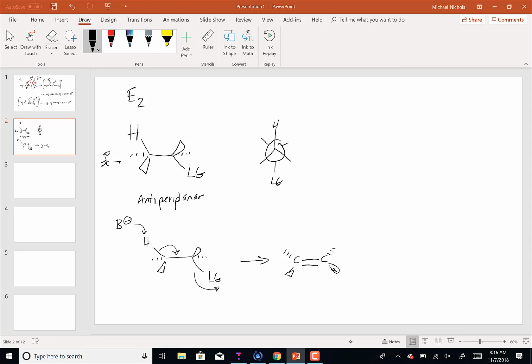We know that what makes up that double bond, the orbital picture, looks like this. Those are sp2 hybridized carbons, and so that's our pi bond. That's the orbital picture of the final product.